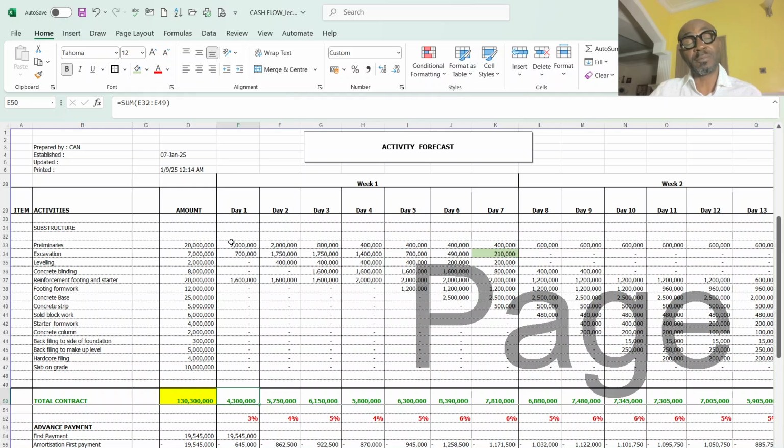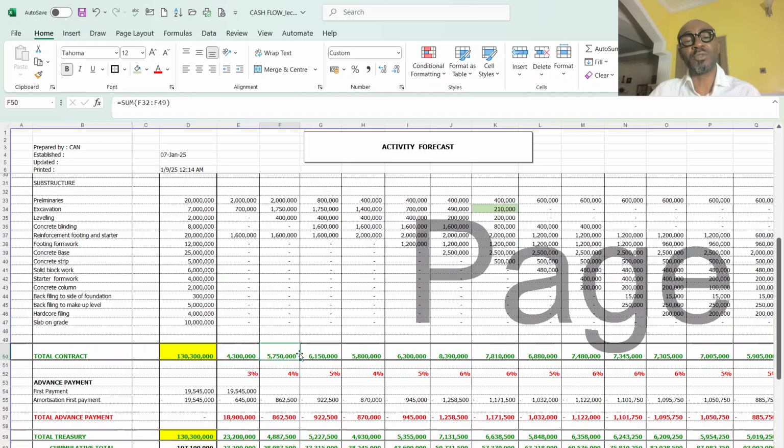Or even if the project is a daily paid job where you need to be paid as soon as you finish, I'm expected to take 4.3 million. Then day one, 5.7, day two, 6.15, day three, 5.8, day four, 6.3, and it goes on and on till day 35.